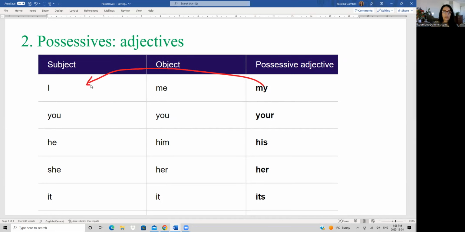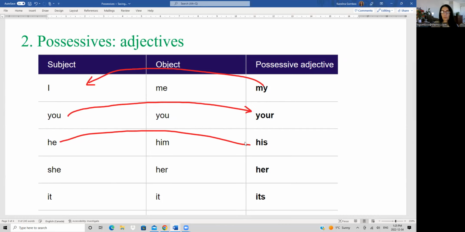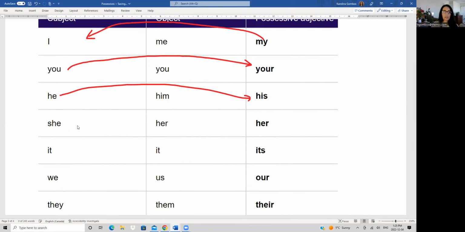So I say I have a dog. My dog is small. You have a car. Your car is new. He has a wife. His wife is pretty. She has a dress. Her dress is nice.